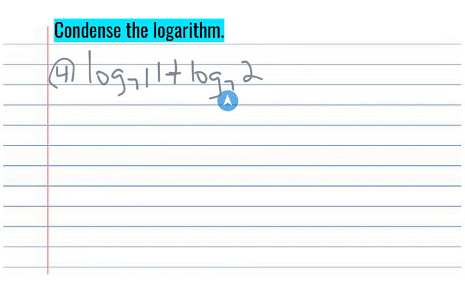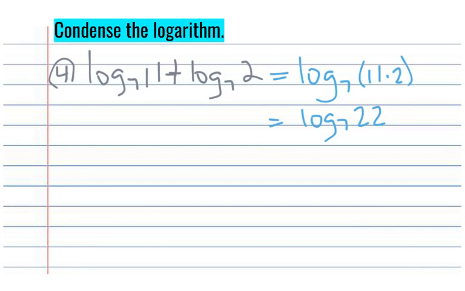Yep, they're both base 7. And then now I'm going to look at my operator, which is I'm adding these two logs together, which is going to follow my multiplication property. So I can rewrite this as a single log as log base 7, which is going to stay the same, of 11 times 2, which I could just simplify down to log base 7 of 22.